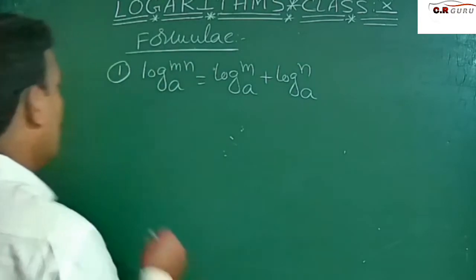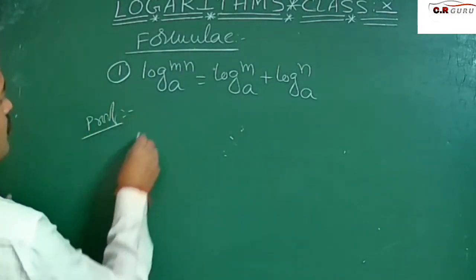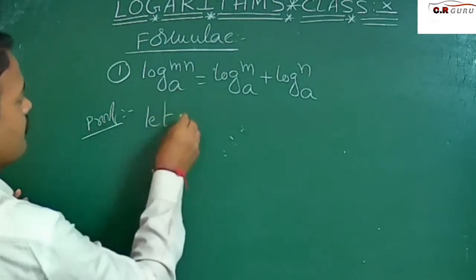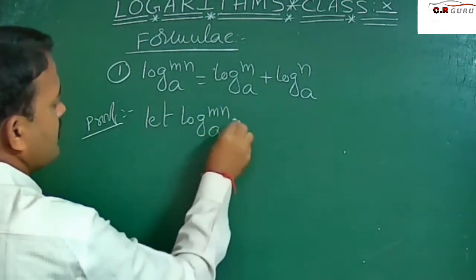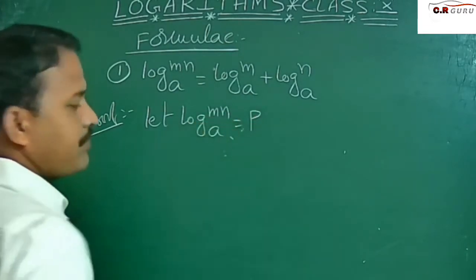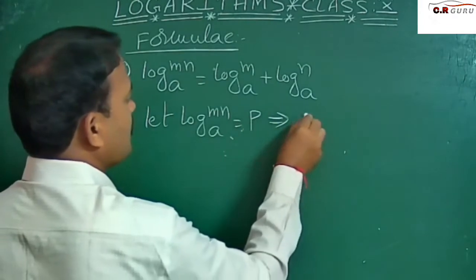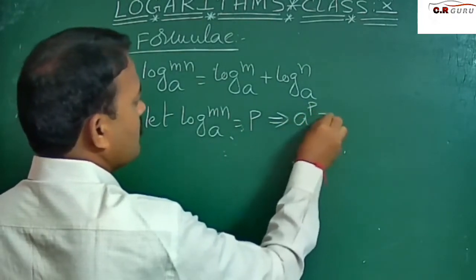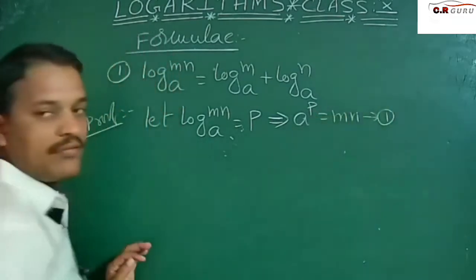Now, the proof of this. Suppose log mn base a is equal to P. That implies a to the power of P is equal to mn. This is equation number 1.